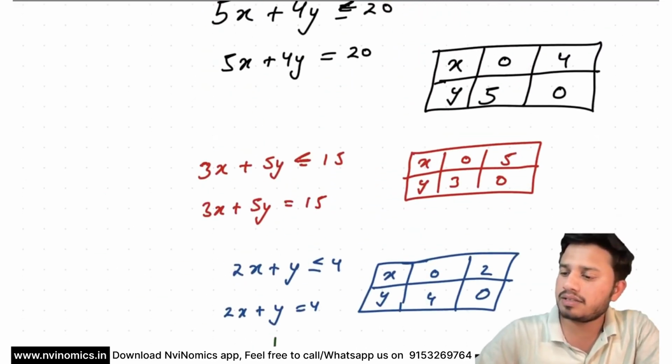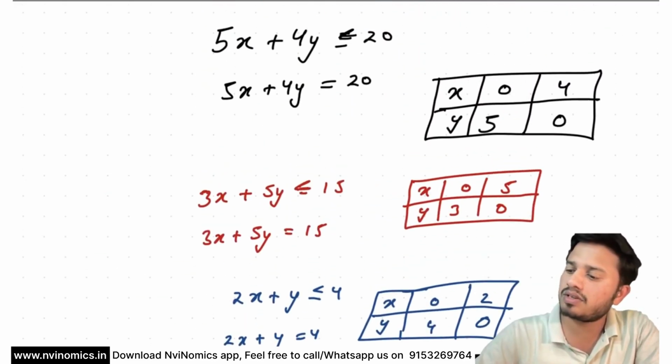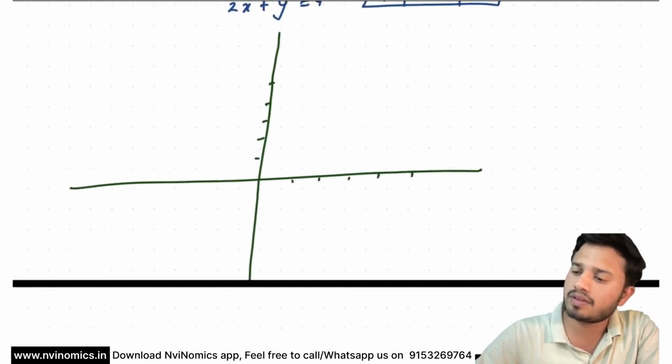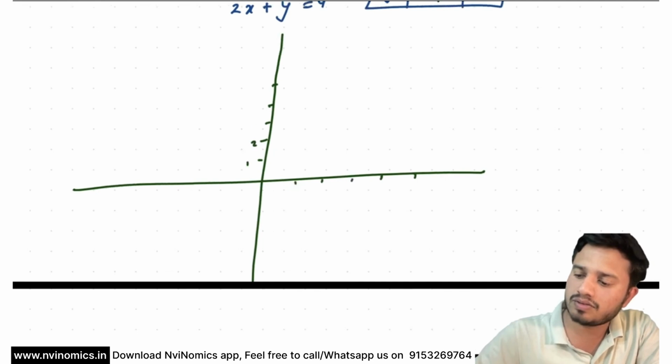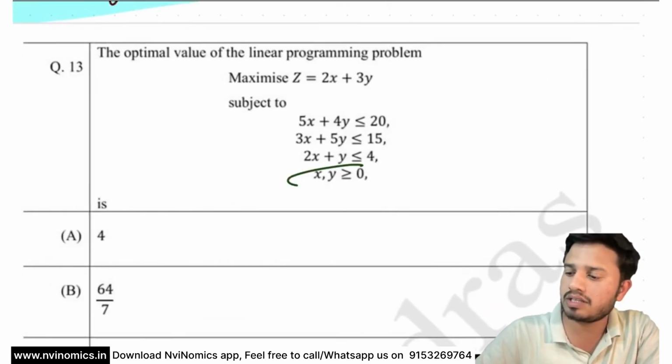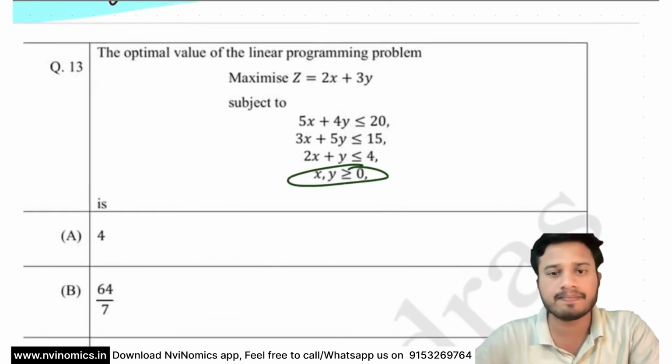Okay, see the first line? We have the points (4, 0) and (0, 5). 1, 2, 3, 4, 5. 1, 2, 3, 4. The last constraint is telling us we have to just stay in the first quadrant only.